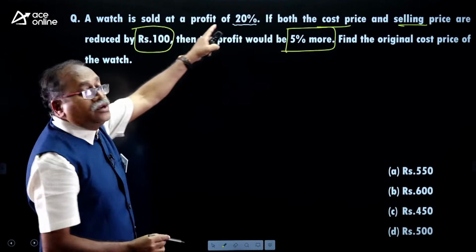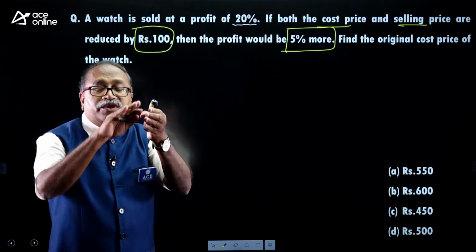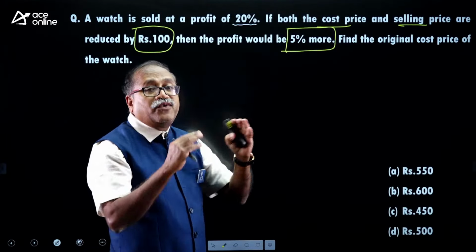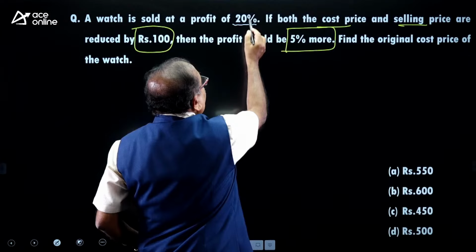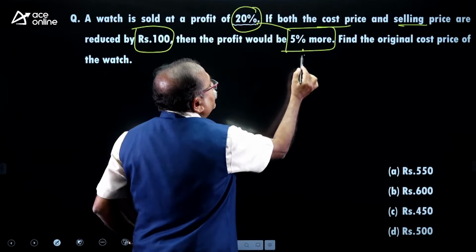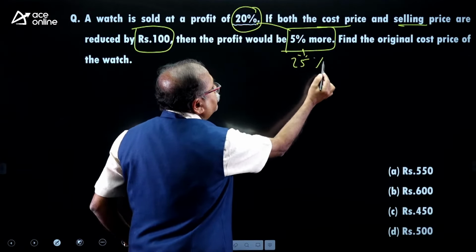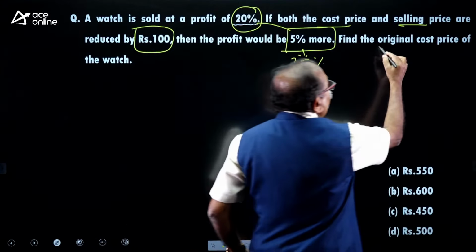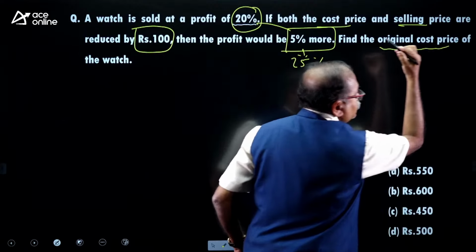Now what is the profit? 20% profit. If you reduce the cost price by 100 and selling price by 100, you are getting 5% more profit. That means 20 plus 5, that comes to 25% profit, Mr. Sumit Pawar. Now, find the original cost price.